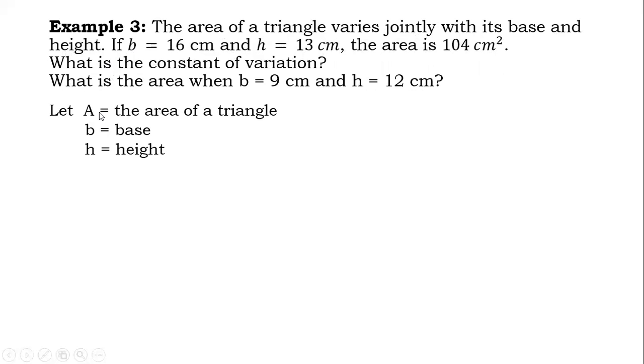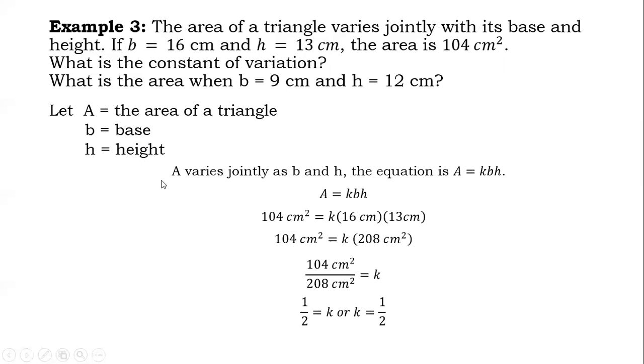We let A be the area of a triangle, B the base, and H the height. Now we can rewrite this statement as a joint variation statement: A varies jointly as B and H, meaning area varies jointly as base and height. So the equation is A is equal to k times B times H.